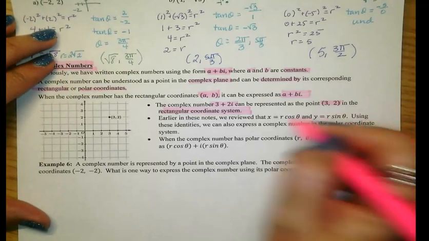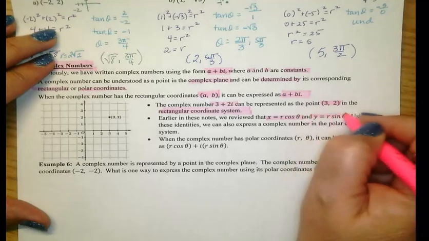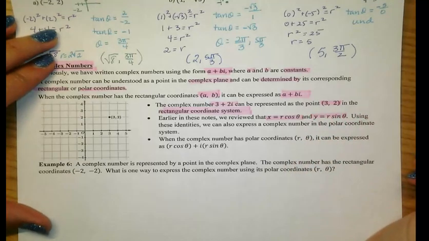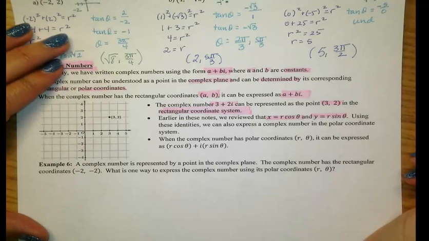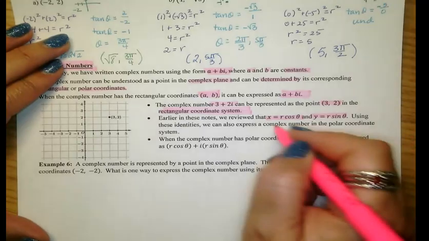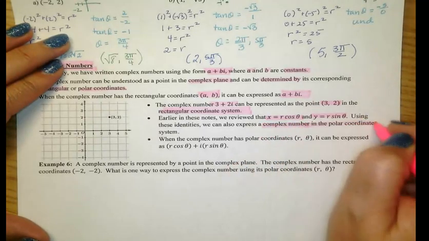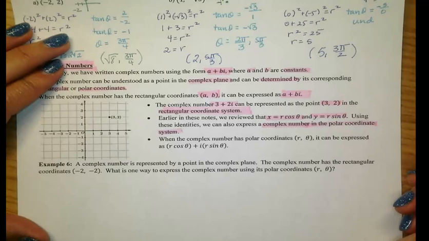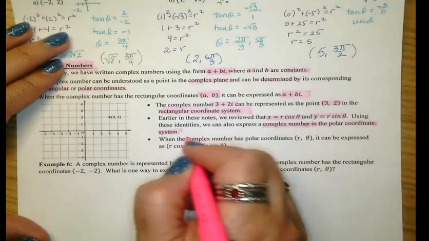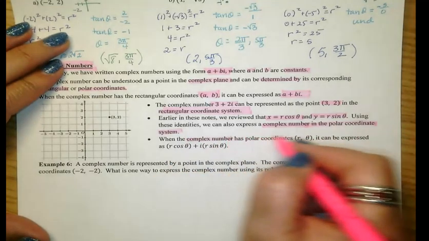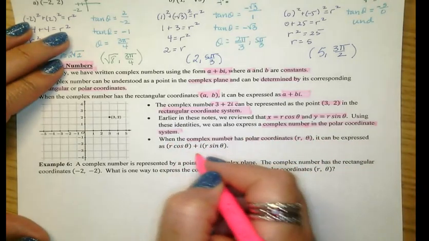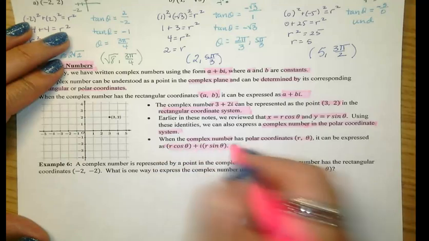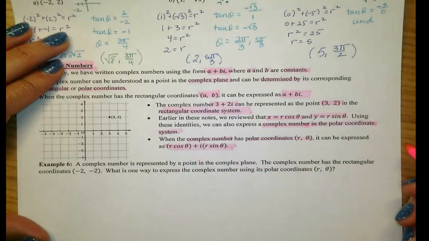Earlier in these notes, we reviewed the fact that we can use x equals r cosine theta and y equals r sine theta to convert points. And using these identities, we can also express complex numbers in the polar system. So that's what we're going to do. When a complex number has a polar coordinate, it can be expressed as r cosine theta plus i r sine theta.